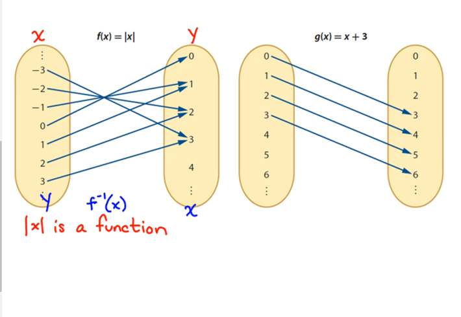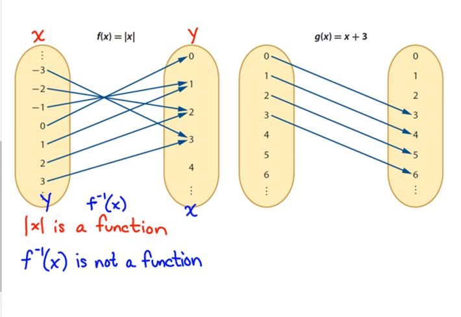The inverse is not a function because if these are now our x's, one has two arrows coming from it. It has two y values. So its inverse, f inverse of x, whatever that looks like, is not a function. It's a relation. If something is not a function, it's a relation. There's still a relationship there. It's just not a function.